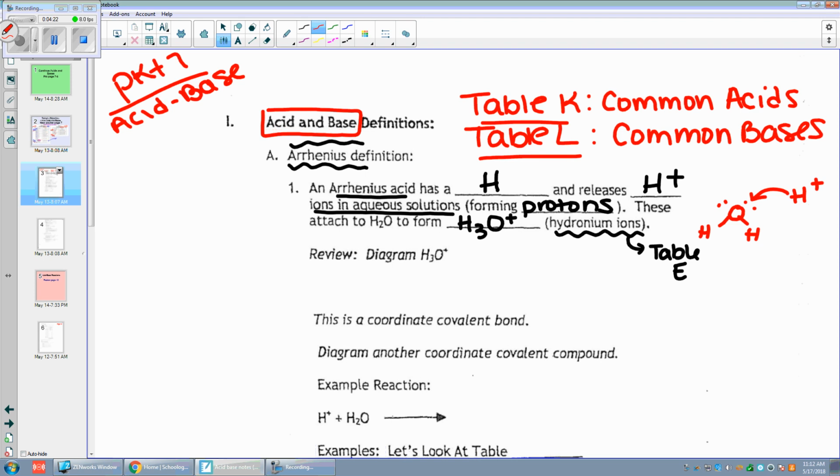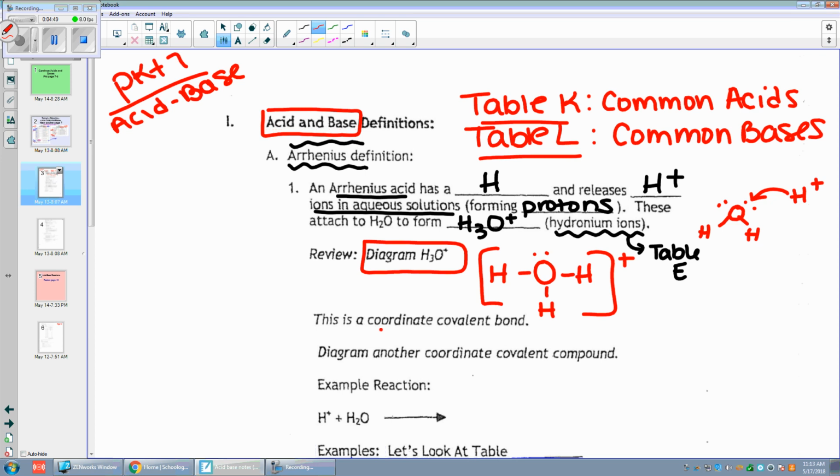And so what I really have now, if I go over this diagram of H3O plus, I'll now have an O that has 3 H's attached to it with 2 electrons, and technically it will have a positive charge. So you want to know that H3O plus would also be something to look for because that's how it attaches to your water.